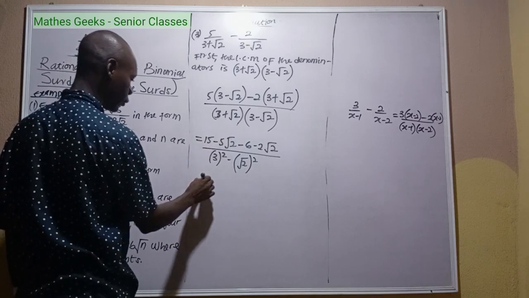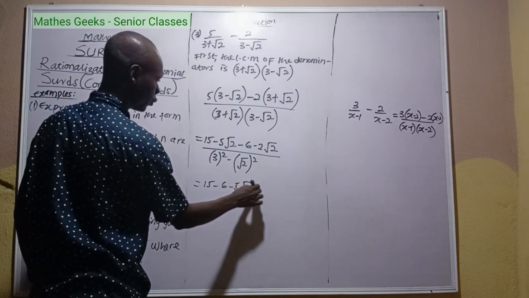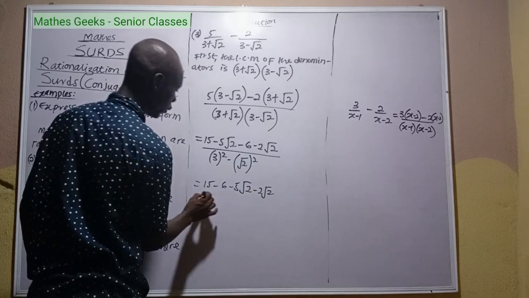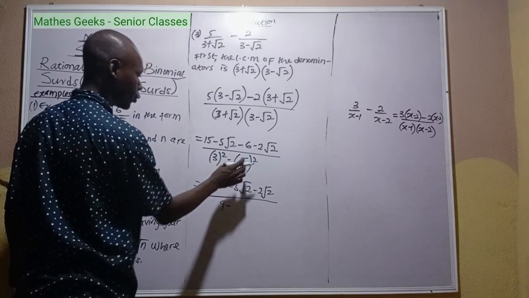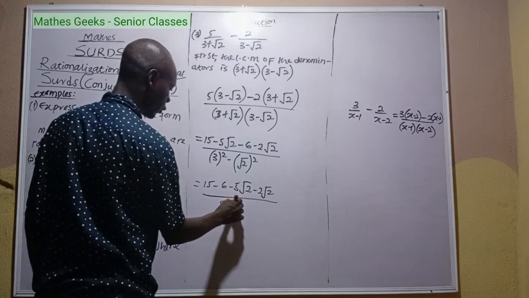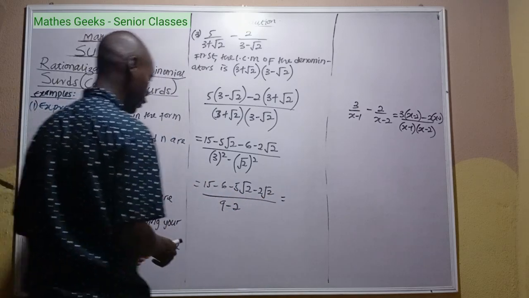So 15 minus 6 minus 5 root 2 minus 2 root 2 over 3 squared is 9 minus root 2 squared is 2.